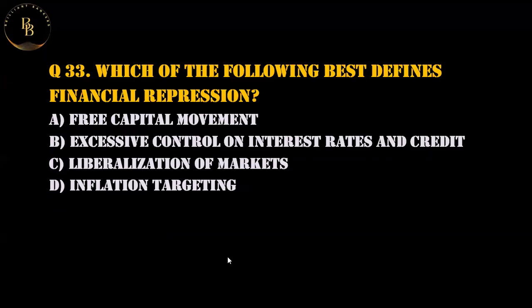And the right answer will be option B, excessive control of interest rates and credit. Repression occurs when government caps deposit rates or directs credit to itself. This is the condition when the government has a say in the deposit interest rates or takes the amount towards itself.